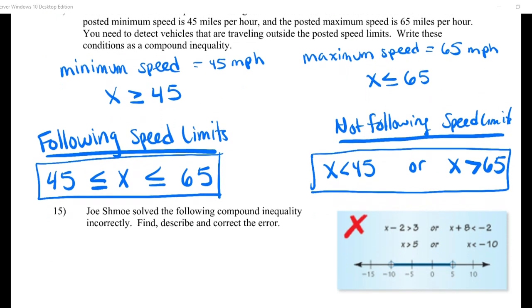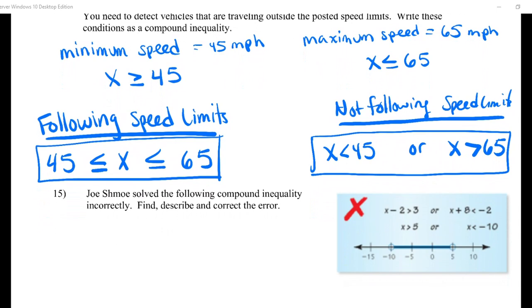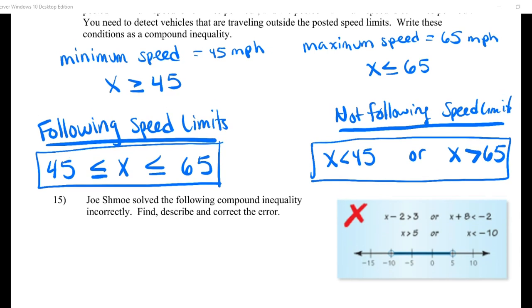And then for an error correction problem, we've got our buddy Joe Schmo solving this or compound inequality. We want to find, describe, and correct the error. So let's start from scratch here. In an or inequality, we solve them separately.